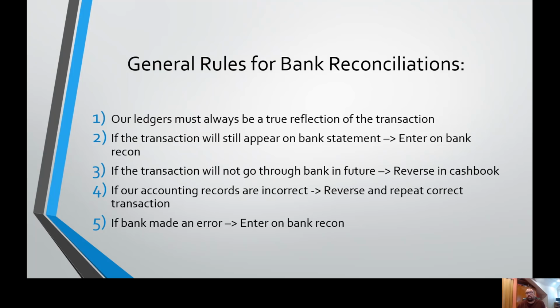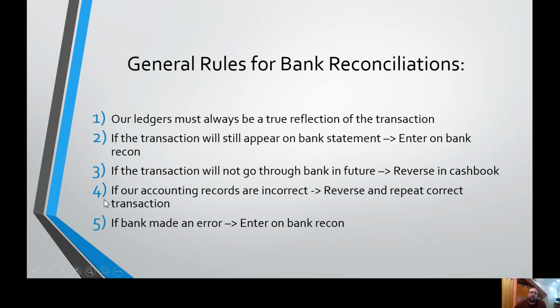We keep it in our bank recon because it is still likely that the client will deposit it in future. But after the 6th month, that check has now become stale. The moment the check goes stale, we know that it can never be banked in future. So although we've accounted for the check, the moment we know that it will never go through in future, we have to reverse that check in our cash book.